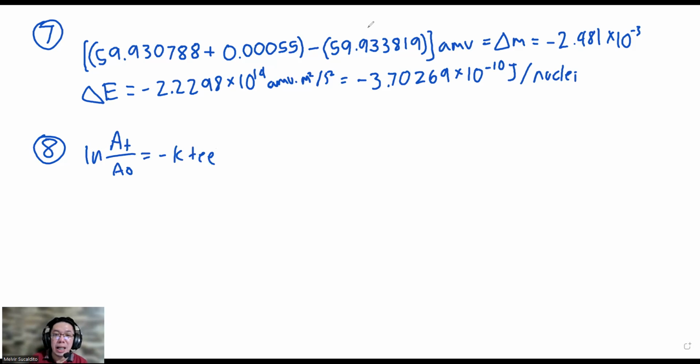So the disintegration of nuclei can be considered as amount as well. So yun yung At and A0 mo. That's your comparison. Why would you base mass on disintegrations? Because it's basically the nuclei, right? And the nucleus represents your mass. So, ganun din siya.